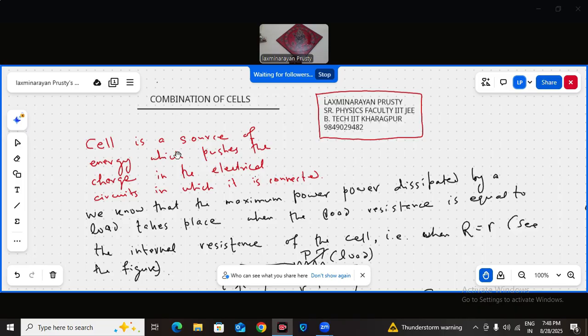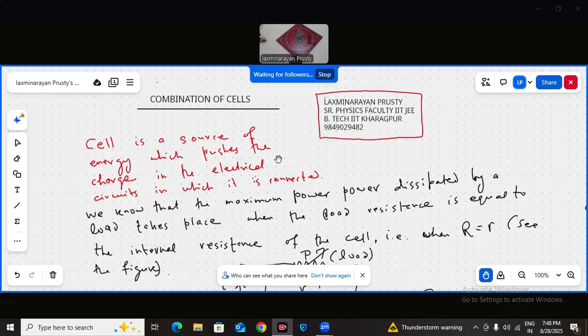The cell is a source of energy which pushes the charge in the electrical circuits in which it is connected. Basically, you have a cell, you can send current through the external circuit. Without a cell, you cannot make the current flow in a steady manner.